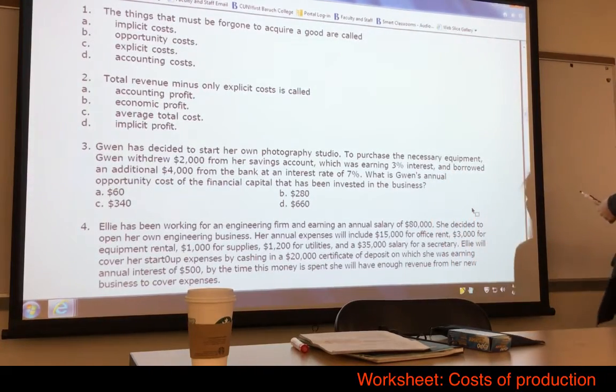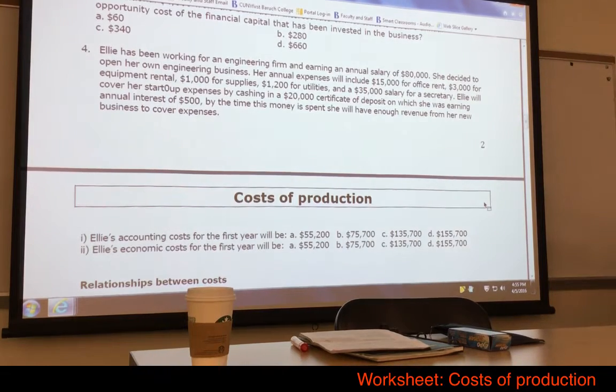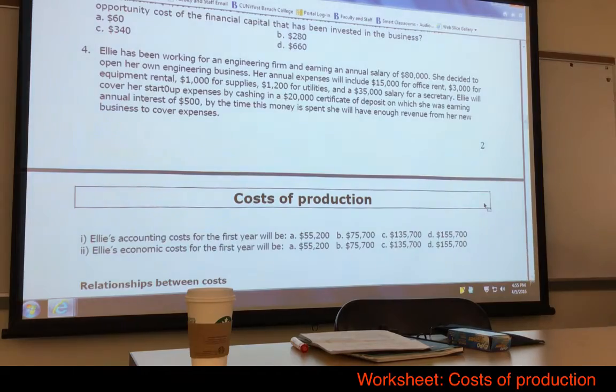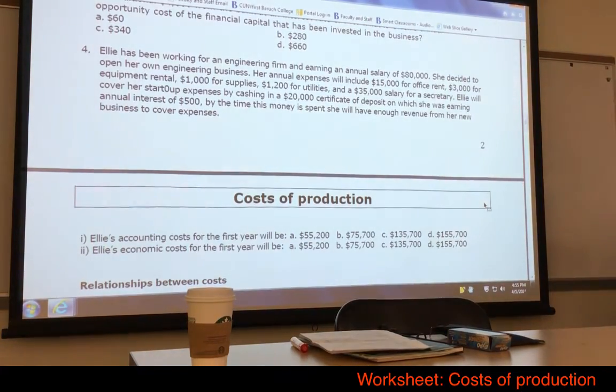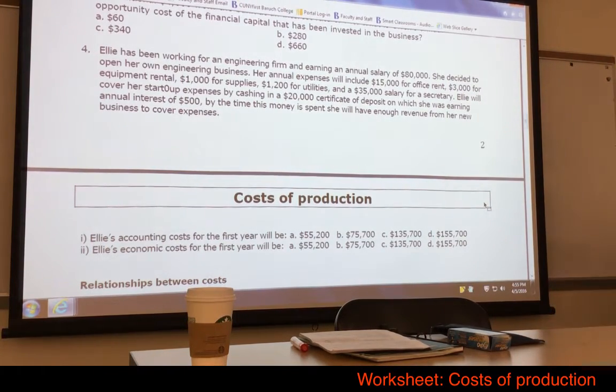Alright, another example. Ellie has been working for an engineering firm. She was earning an annual salary of 80,000. She decided to open her own engineering business. So what is that 80,000 going to be? Opportunity cost, right? Her annual expenses will include 15,000 for office rent. Is that explicit or implicit?